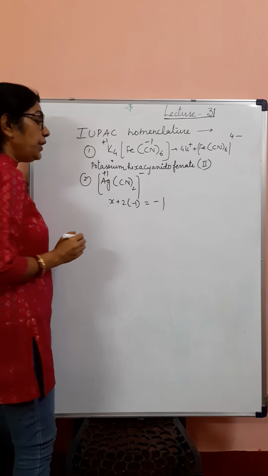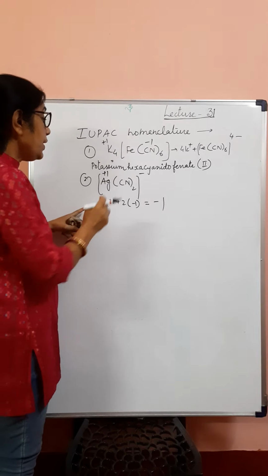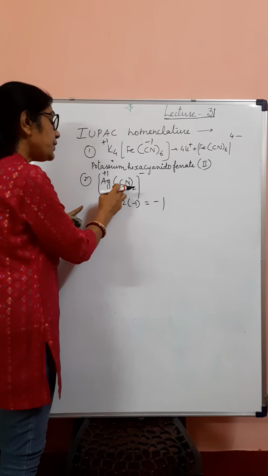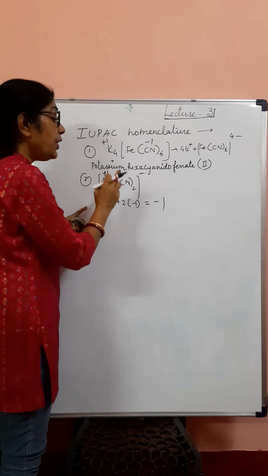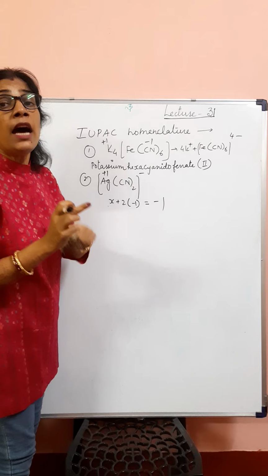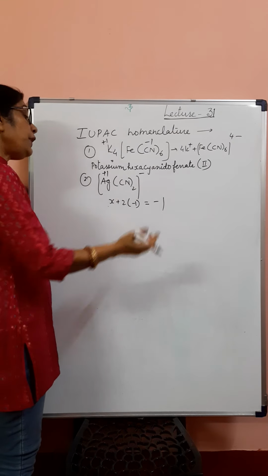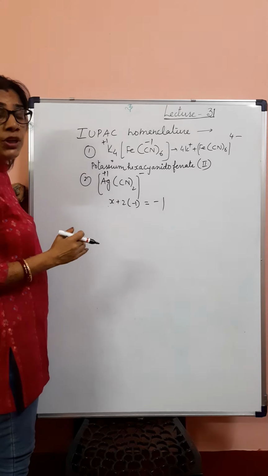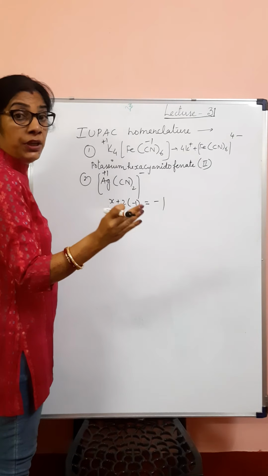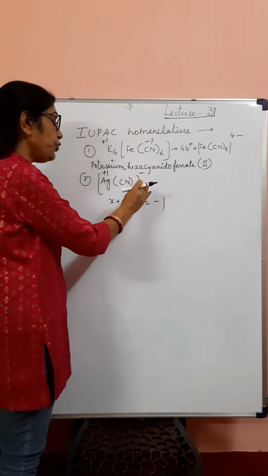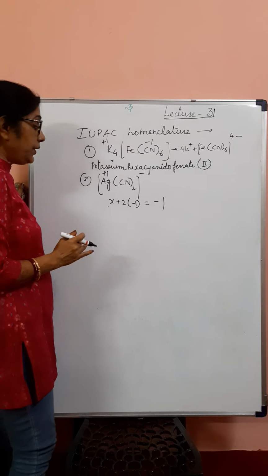So silver will be in +1 oxidation state. So this will be dicyanidoargentate(I). Why argentate? Because the complex is negative. If it would have been positive or neutral, then it would remain as silver. But the Latin name we are going to use if the complex is negative.